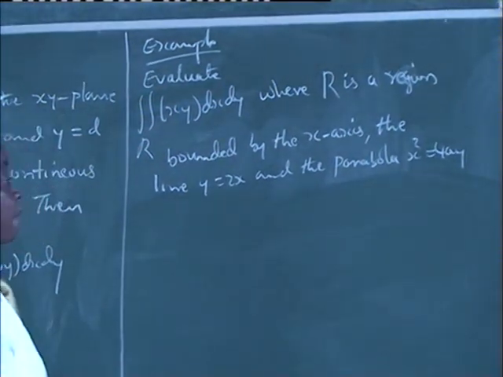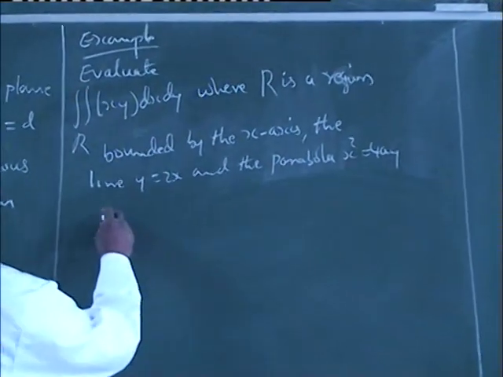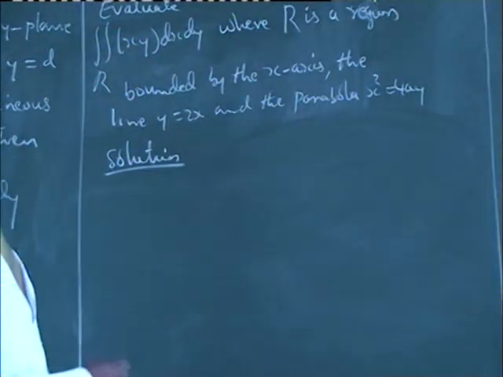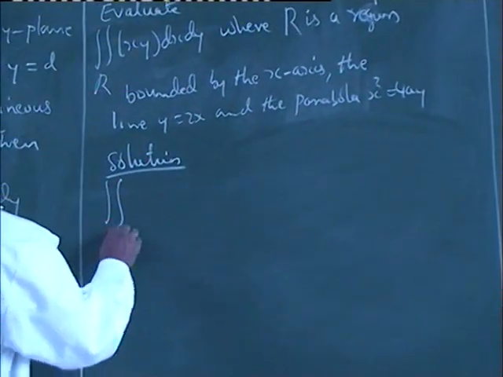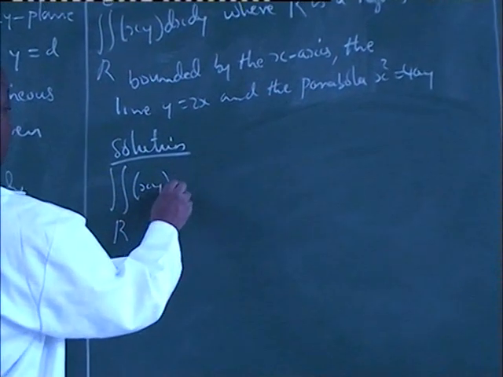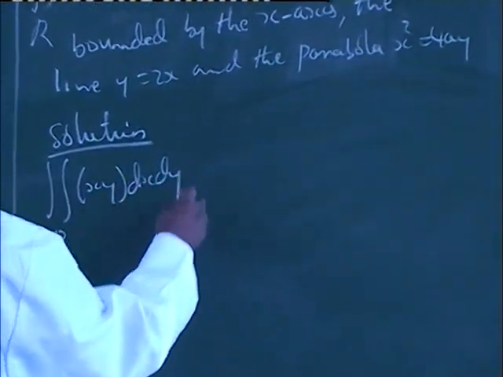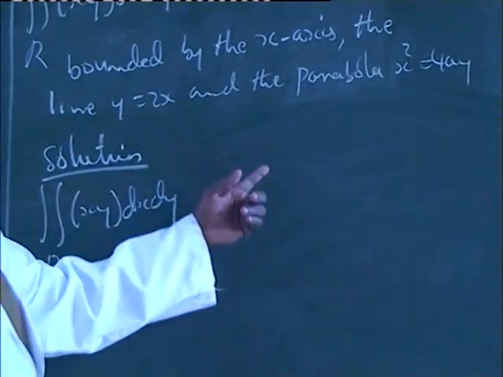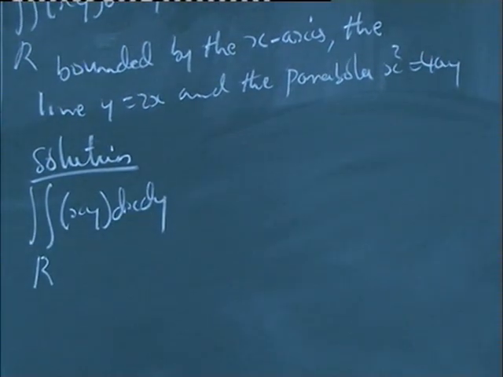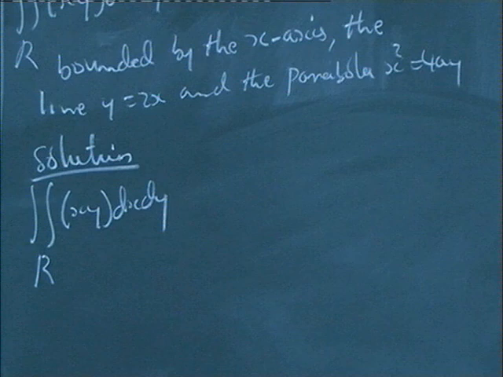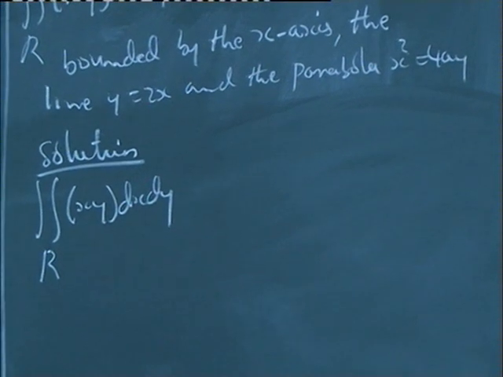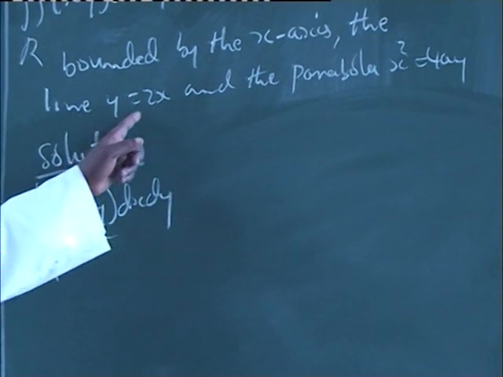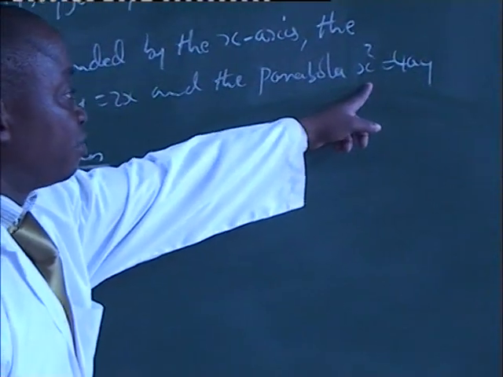Right, so now we will pick the solution. We have the double integral over R of xy dx dy. Now first, we'll find the limits. You know, we are not given the limits here, so we have to find the limits ourselves. And how do we find the limits? First thing we'll do is we have seen that y is equal to x. Now let's also find y from here.